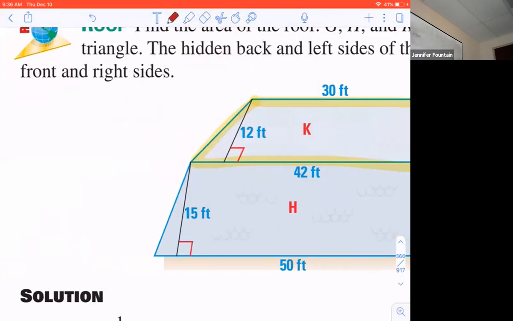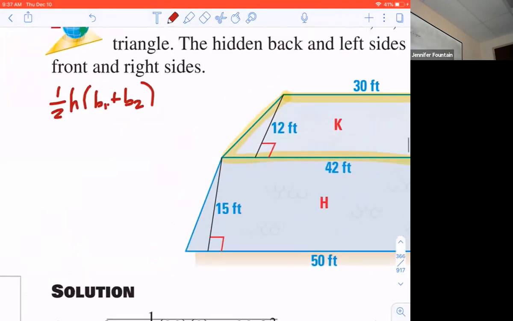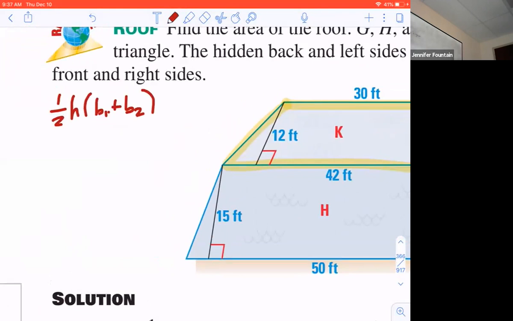A equals 1/2 H times (B1 plus B2). If that's my formula, what are my bases added together here? What are the base measurements for K? 42 and 30, right?